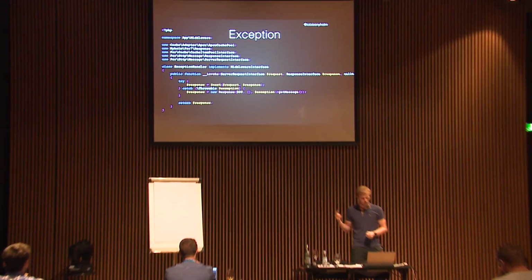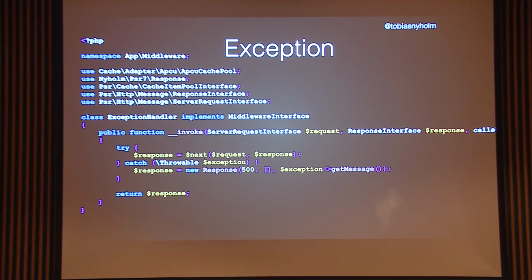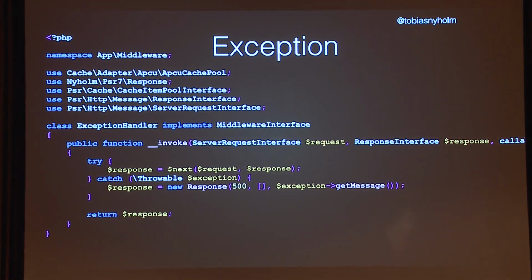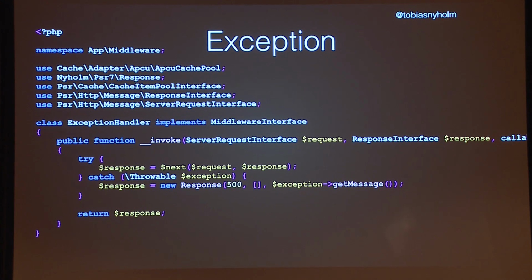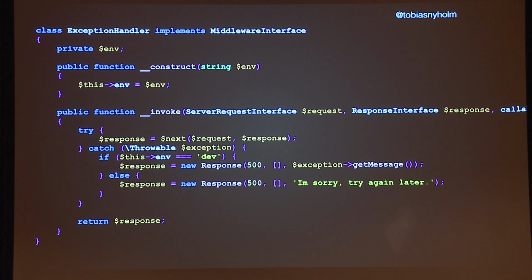And here I could be smart and send the environment variable to this middleware, so it can see, was it production? Write a pretty message. Was it development? Write a helpful message. And obviously, like I said, I put this first. Here is the middleware being smart, showing different output for production. You feel like you got it?